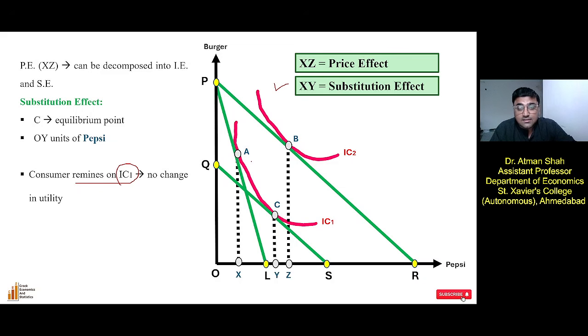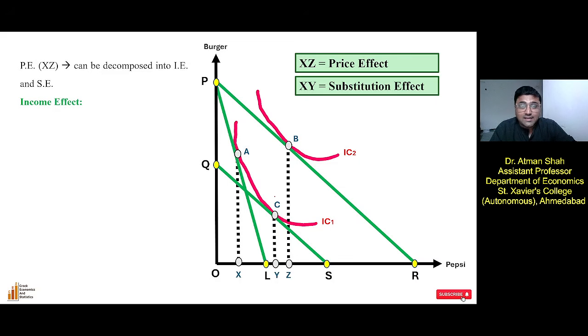That means the utility does not change. The consumer remains on the same indifference curve. Only the consumption bundle changes from A to C. You can see here the consumption bundle changes from A to C. So the consumer's utility does not change in case of substitution effect, because the consumer remains on the same indifference curve.